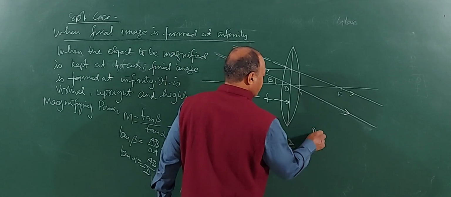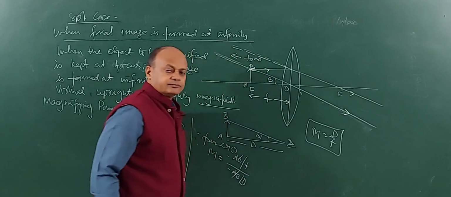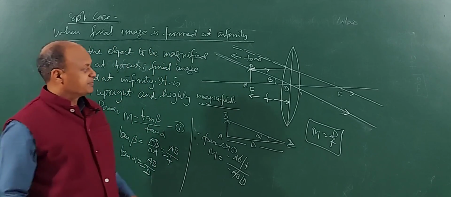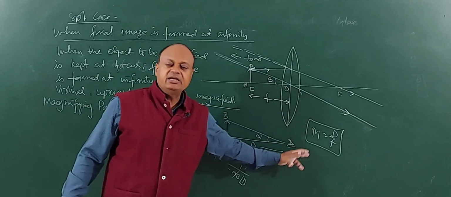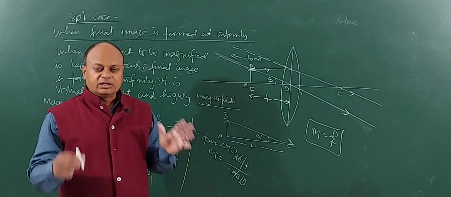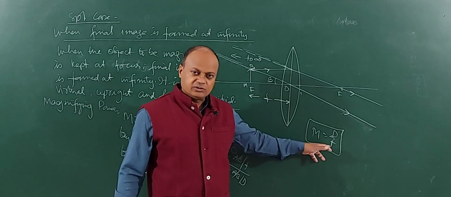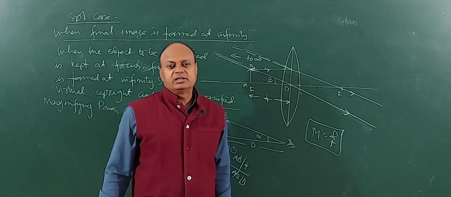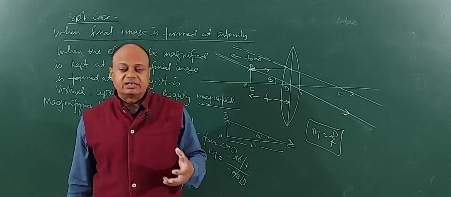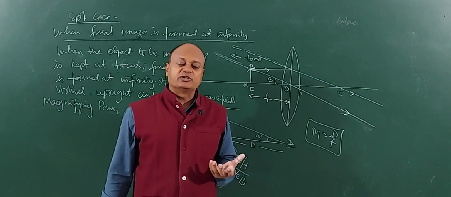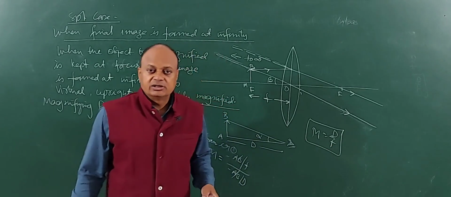So here magnifying power will be D by F. So remember, in this special case, when the final image comes at infinity, then the magnifying power becomes D by F. Now imagine you make a lens whose focal length is approaching 0, so its magnifying power will appear to be approaching infinity. But we know that practically it is impossible to design a lens whose focal length is that small, and therefore we cannot make the magnification very large.